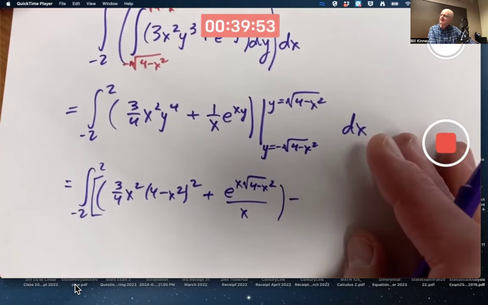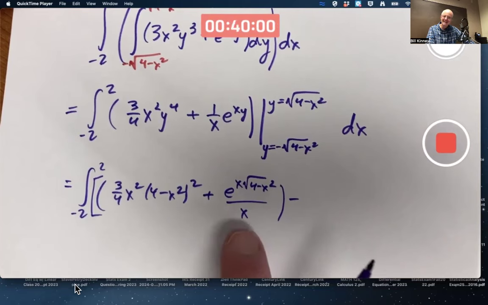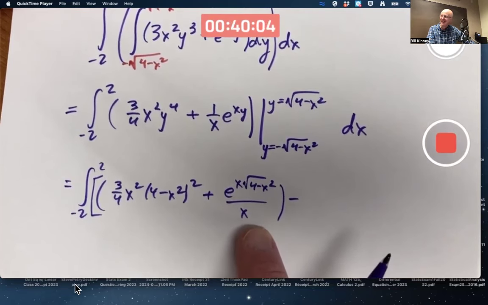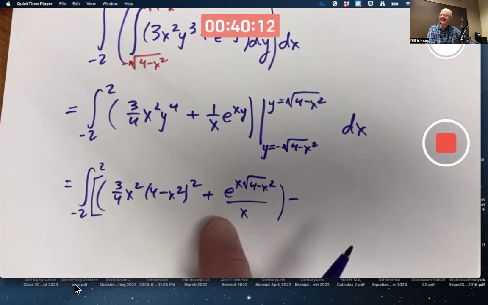That is going to maybe make this not doable. I picked an example that's maybe not doable. Dividing by x there, we'd be dividing by 0 at x equals 0. Improper integral.